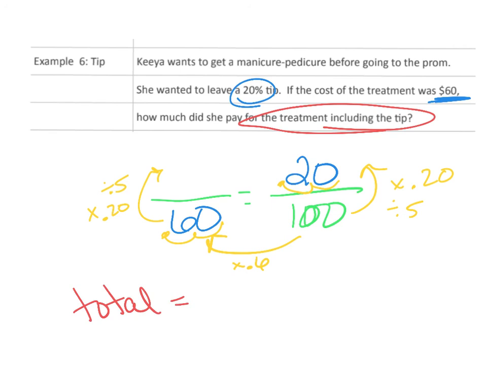Either way, I do believe my answer here is going to be 12. Then I can go the other way too. I could do 20 times 6 tenths, and again, my answer would be 12. So now I have to add them together. 60 plus 12. My total is going to be $72.